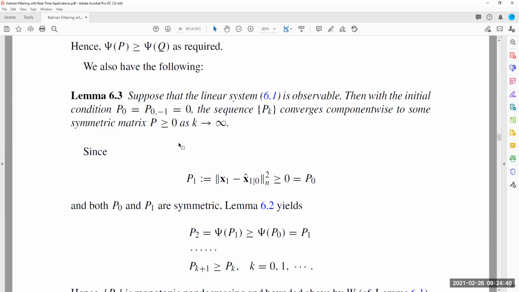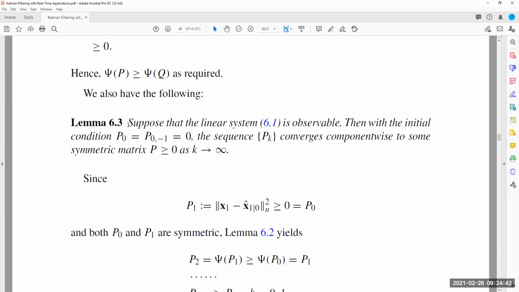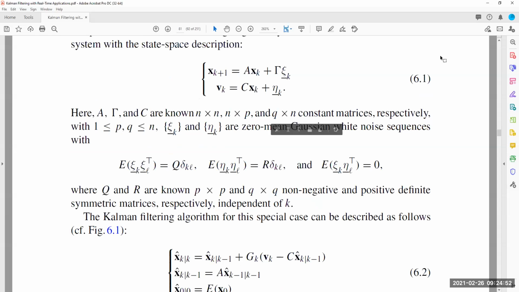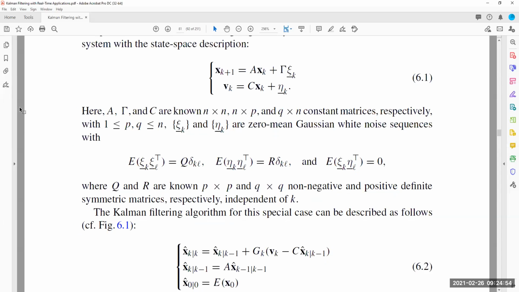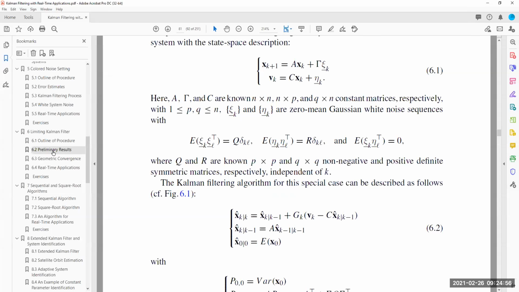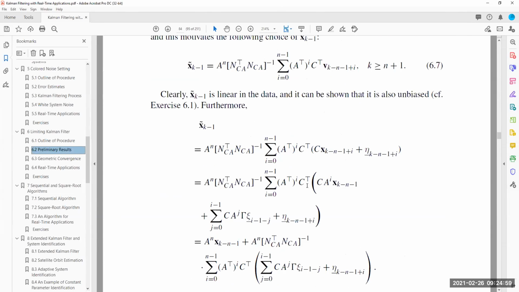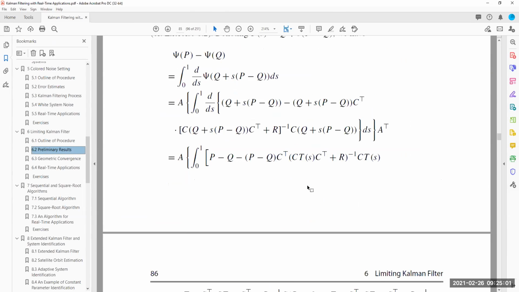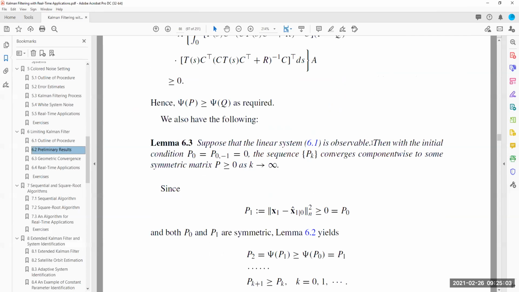Then let's go to this lemma 6.3. So lemma 6.3 shows how to use the lemma 2. You assume the same linear system, still the 6.1. Then let's fix the initial condition.